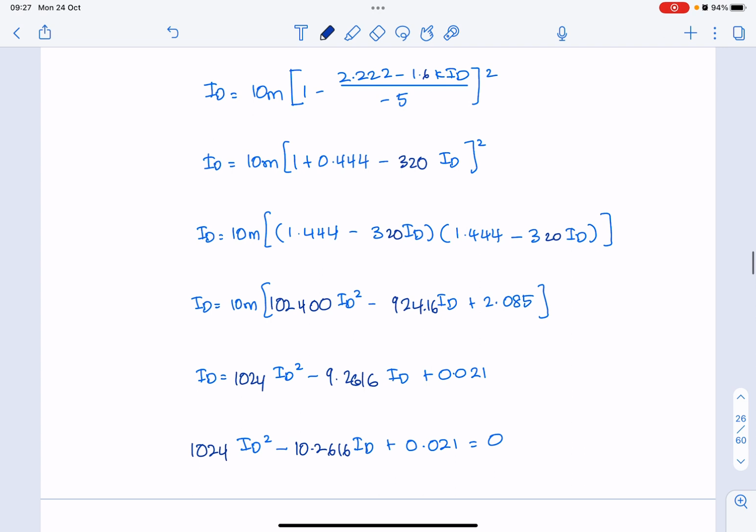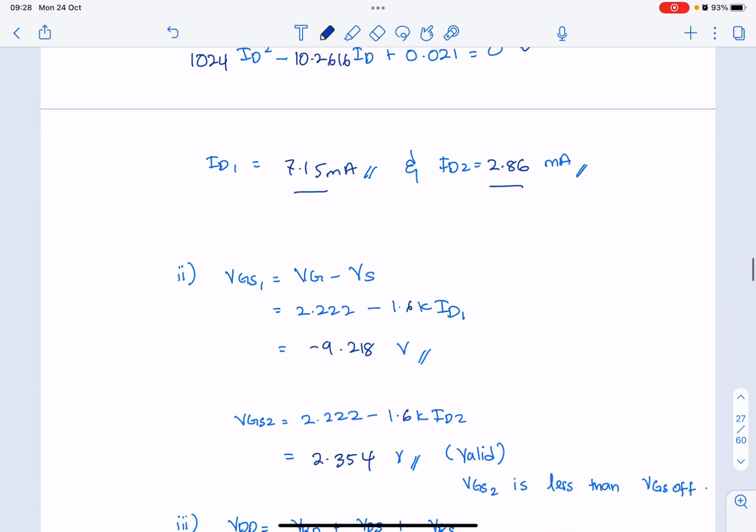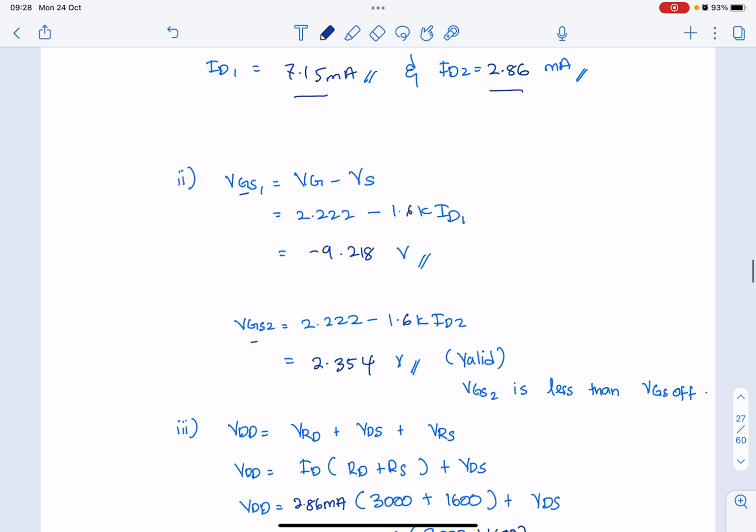So in the end, if you simplify your equation to this one, you get two drain currents, which are ID1 and ID2. From this ID1 and ID2, you need to determine which is the valid ID using the VGS equation. So if your VGS is less than VGS off, then your VGS is valid.